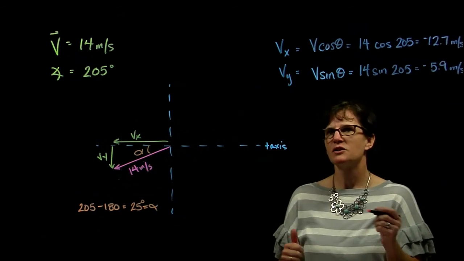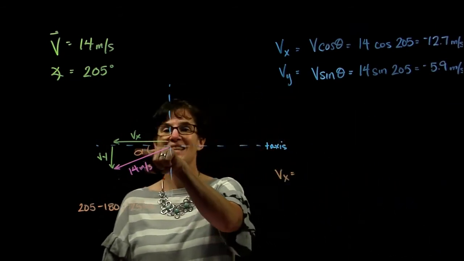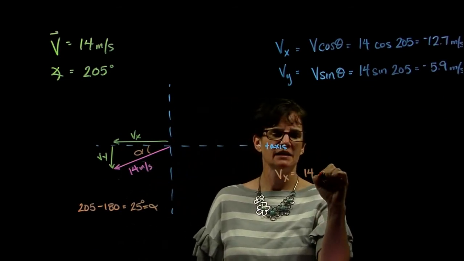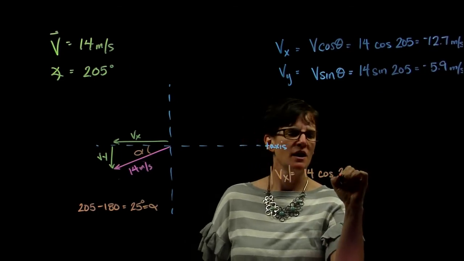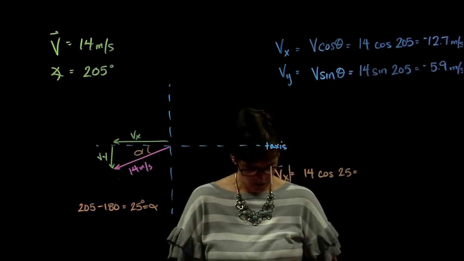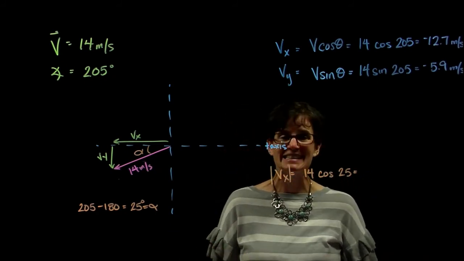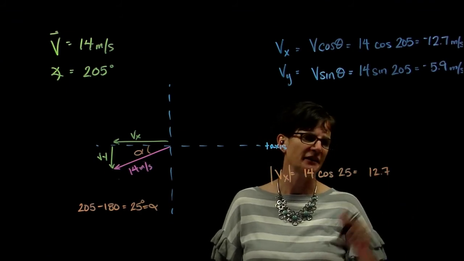All right, so the horizontal component, well, that's the adjacent. So that is 14 times the cosine of 25, again this is just magnitude. So 14 cosine of 25 should be 12.7, and indeed it is, but this is a positive value when I plug that into my calculator.